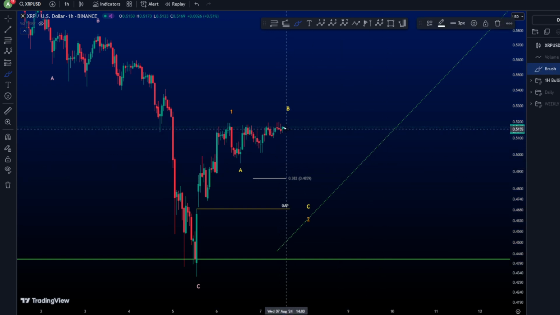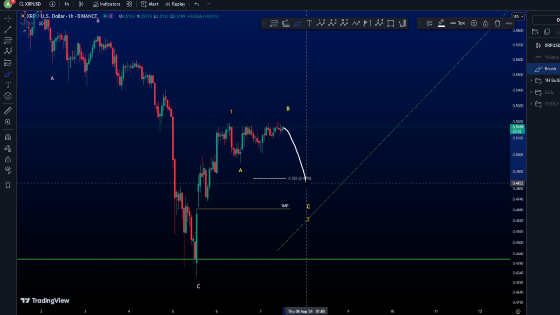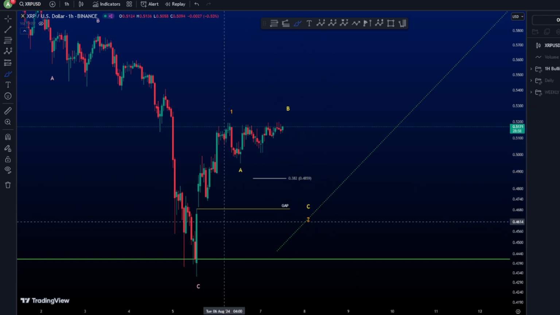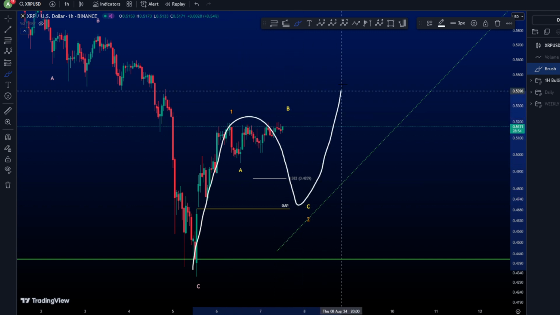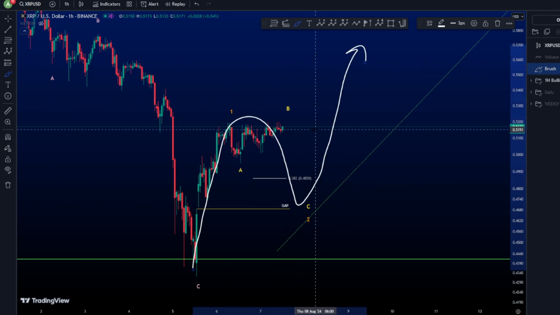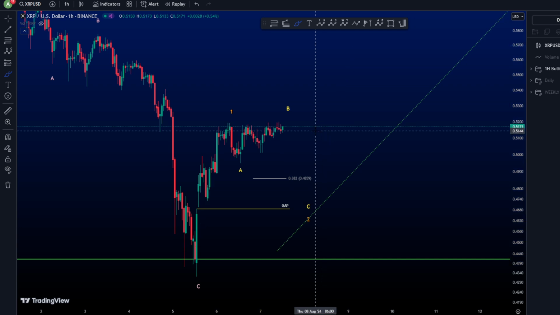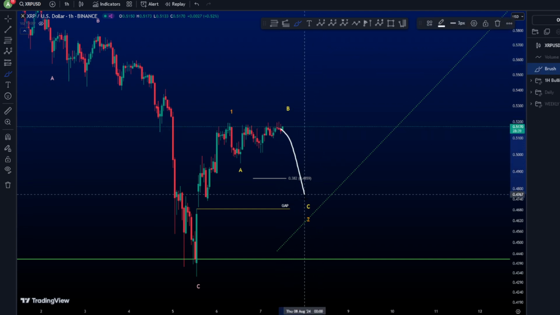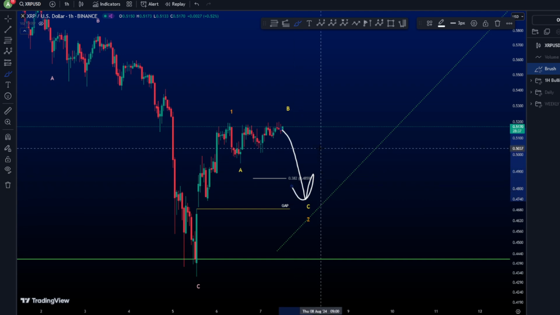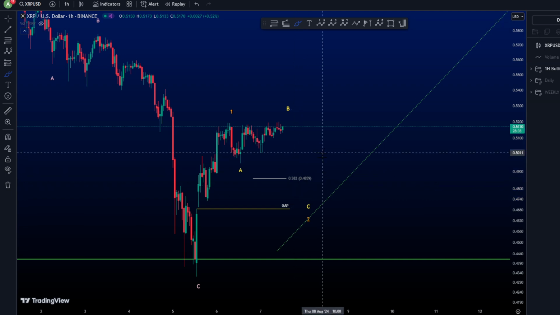And in the opposite scenario, where we look for a retracement, if a beautiful retracement happens, then we can consider this as 1, 2, and we are looking for an impulsive wave 3 towards the upside. So as you can see in this scenario, things are working vice versa. If we see higher prices, that means a bearish scenario. Where we see lower prices, that would mean a bullish scenario.